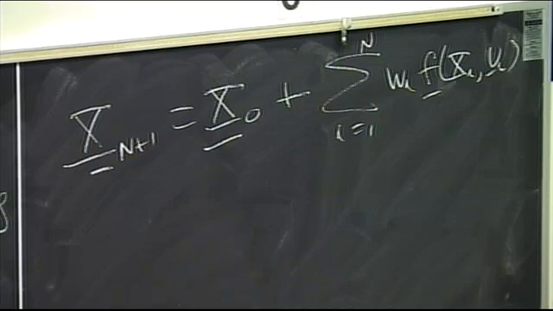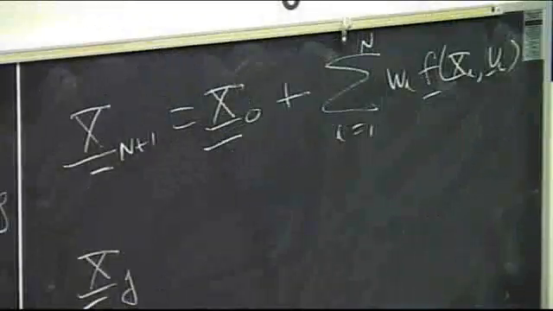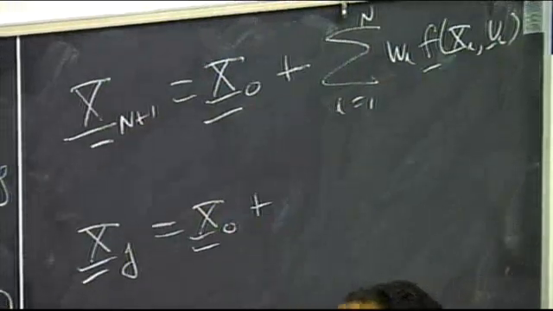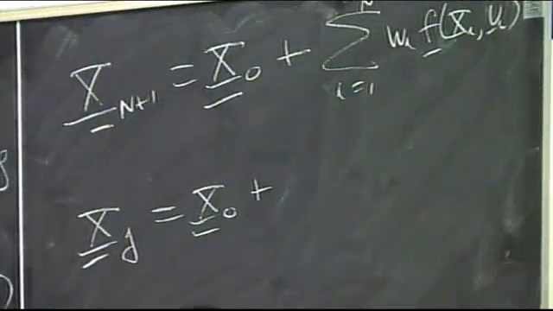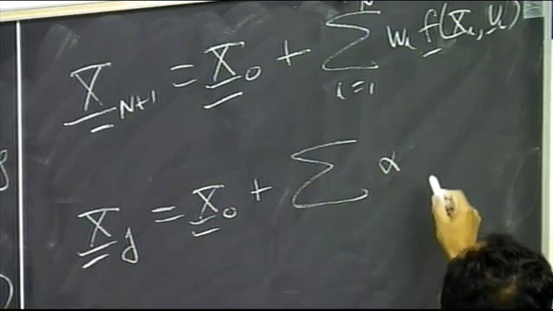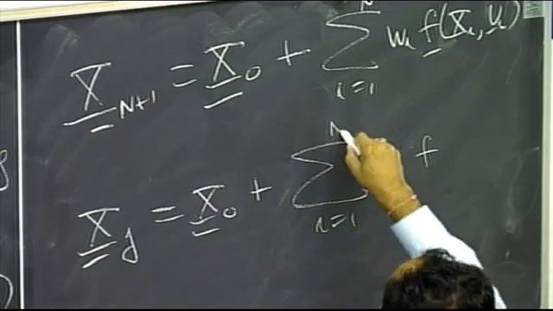Now let's do all the rest of them. The next observation was, I'm going to do all of them that way. Because I've got these factors of tau j plus 1 over 2 in front, I get xj is equal to x0 plus, and I'm going to put these all into quadrature form, the sum of alpha ij times fi, i equals 1 up to n.